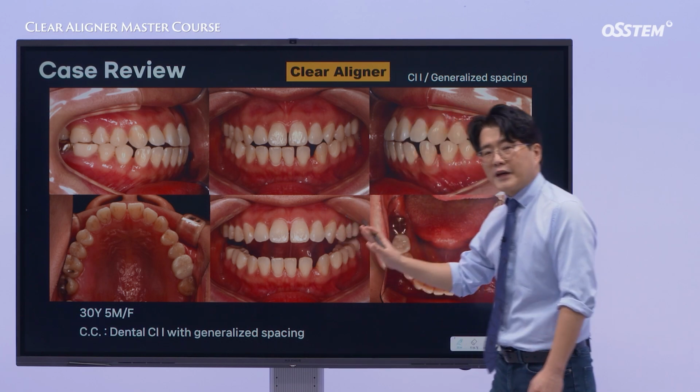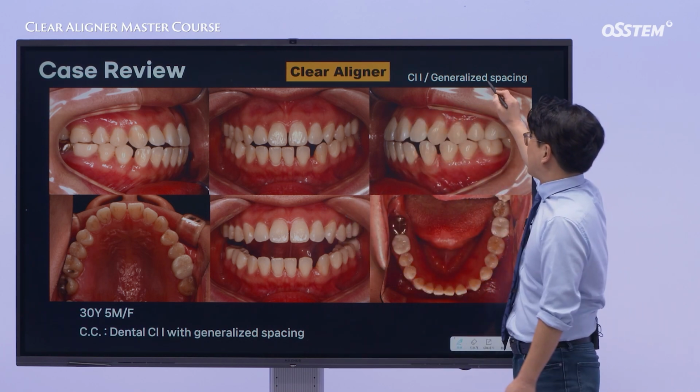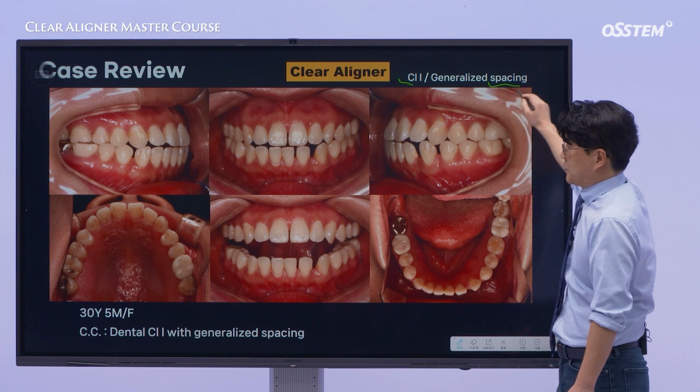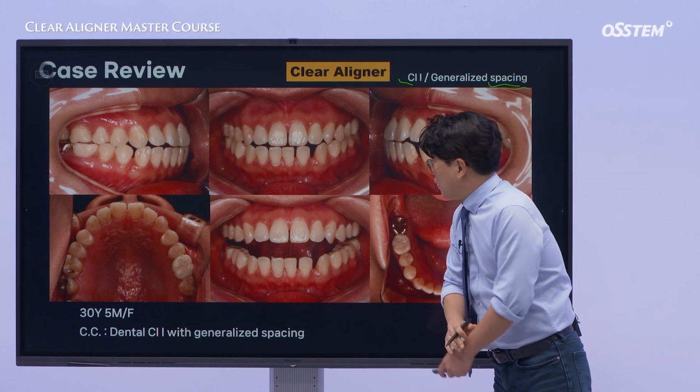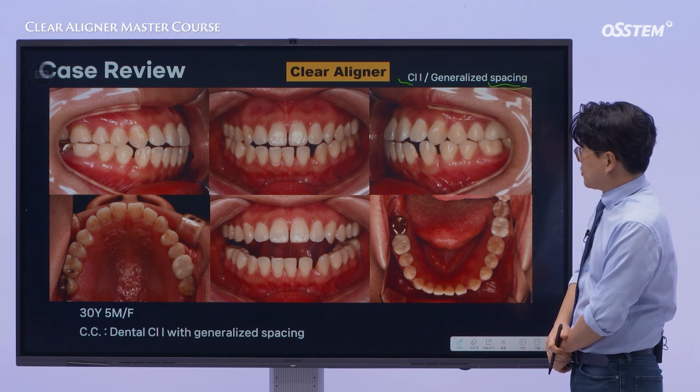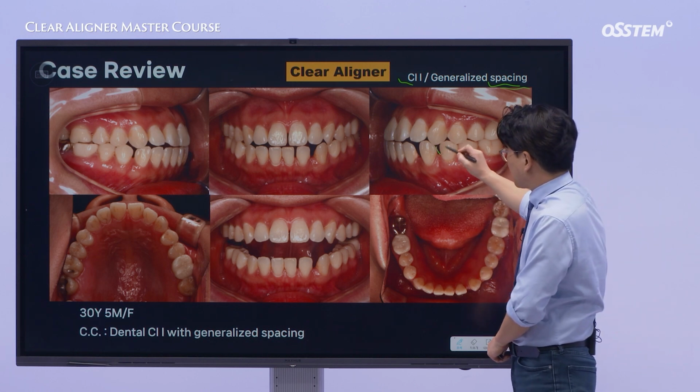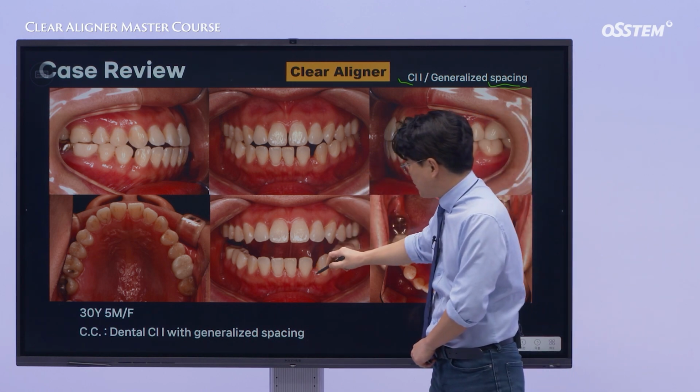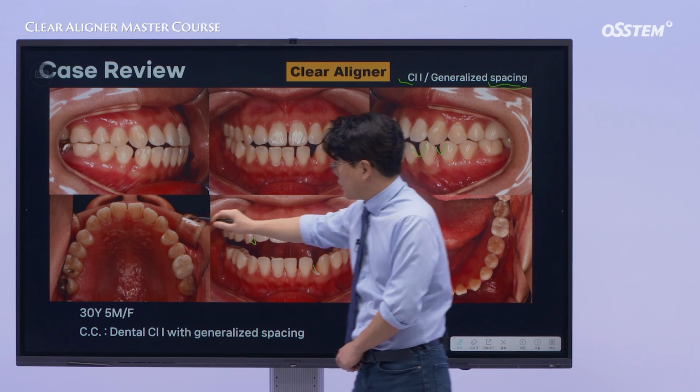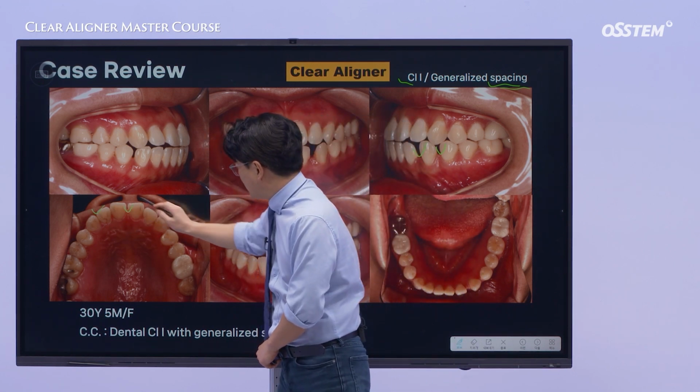Then, let's move on to today's focus, Class 1 spacing cases. There is a diastema in the maxillary anterior region and generalized spacing in the mandibular anterior teeth as well. Here, you can see some spacing.